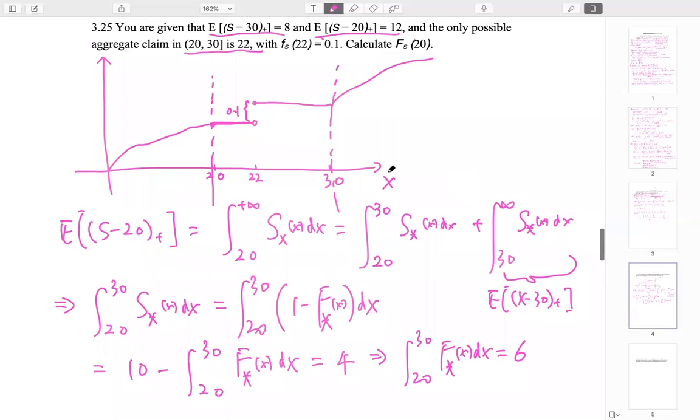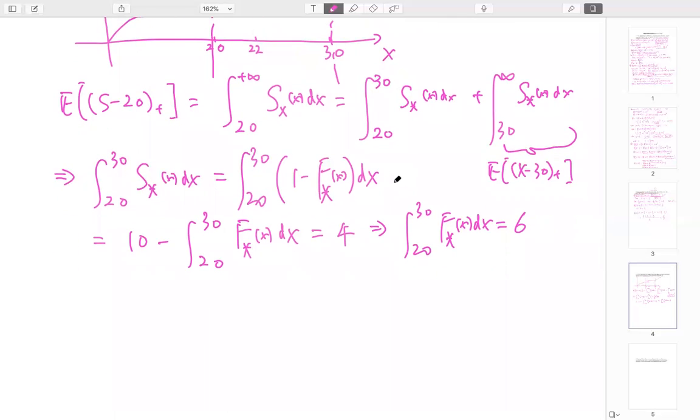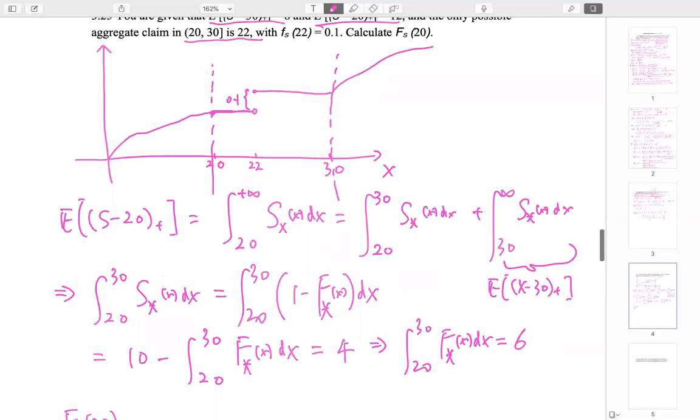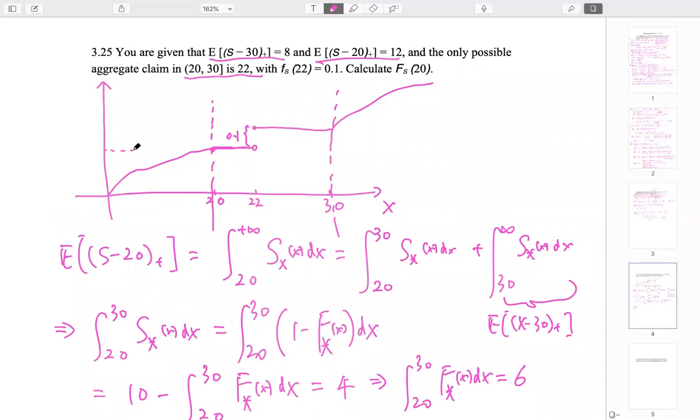Okay. Then how do I use this information? I do the integral from 20 to 30. We know for the first piece, from 20 to 22 is a flat part. Well, I don't know the value, but let's assume it's just F_X(20) because that is the value on this graph. By the definition, let's say this is F_X, or not X, S, because we deal with the aggregate.